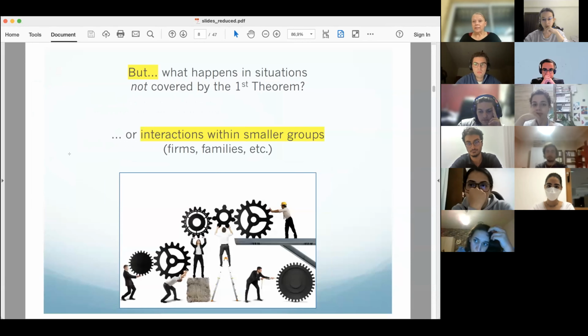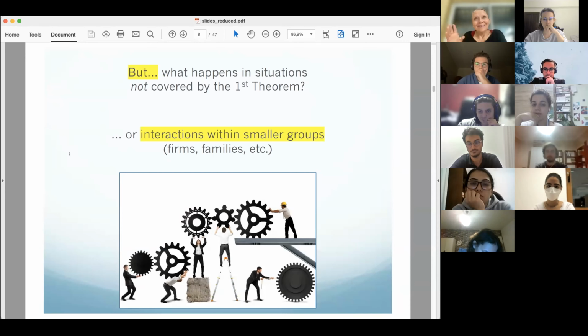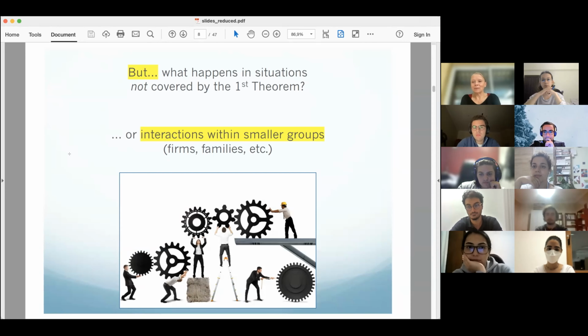Another example is interactions within smaller groups. For example, interactions within firms take place between a smaller number of individuals. Notice one really interesting feature: within firms, there are no market prices. Within firms we have a kind of authoritarian system where you're supposed to obey people above you in the hierarchy.